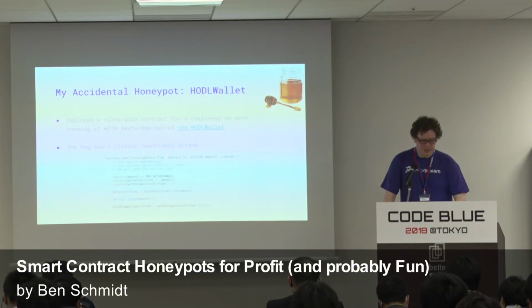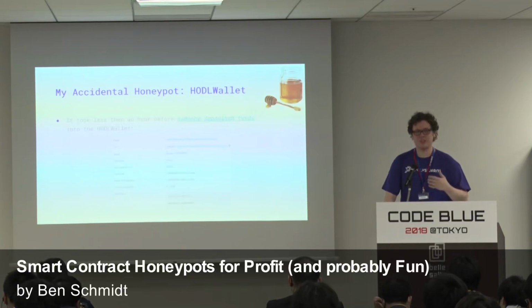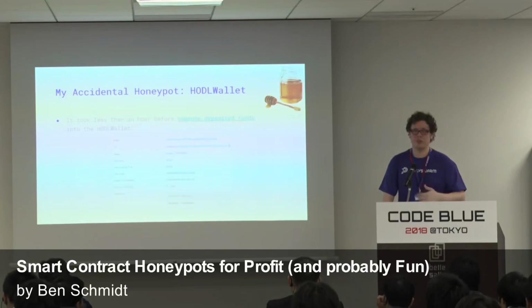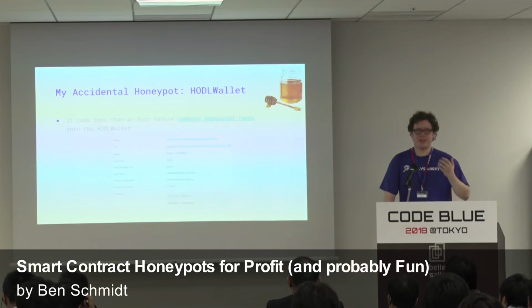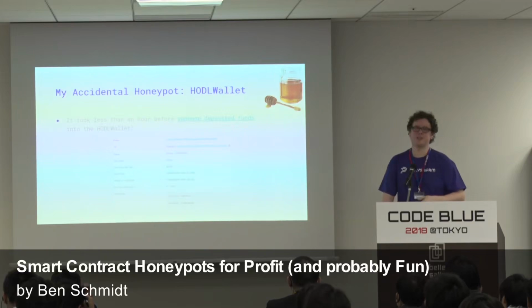Interestingly, less than an hour before I deployed this and uploaded the source code to Etherscan for people to view, someone tried to deposit funds into the account and started trying to exploit the bug. This was very interesting because the contract was explicitly designed to not allow you to interact with it and exploit the bug unless you were on a whitelist that I had provided.